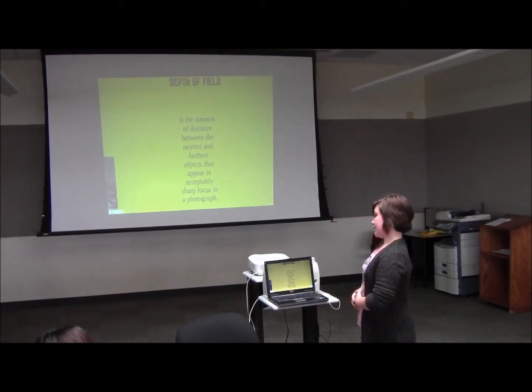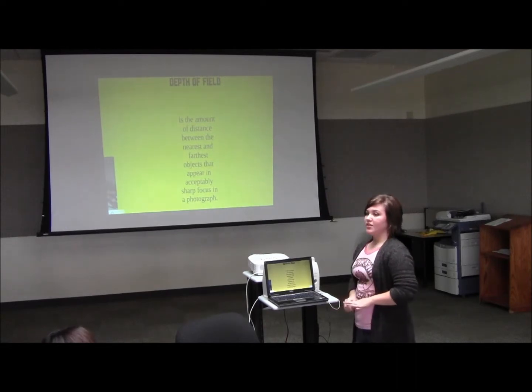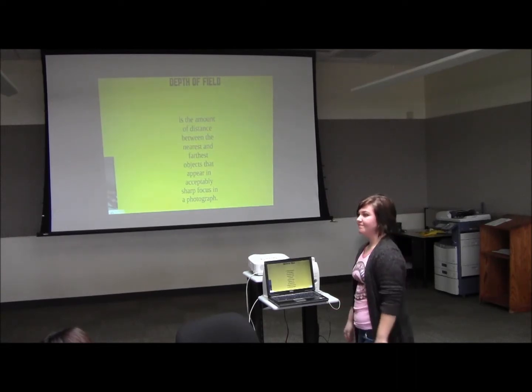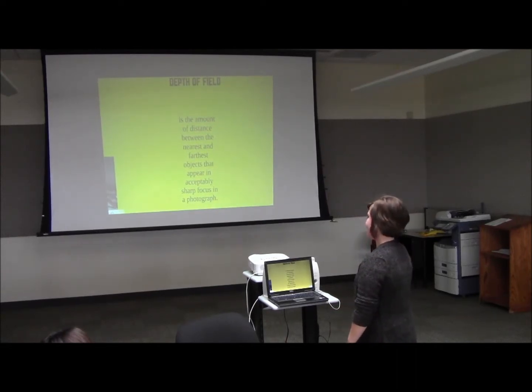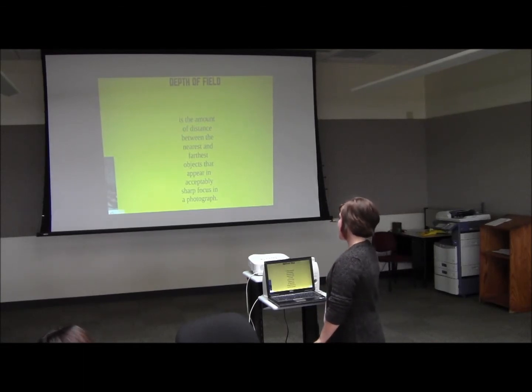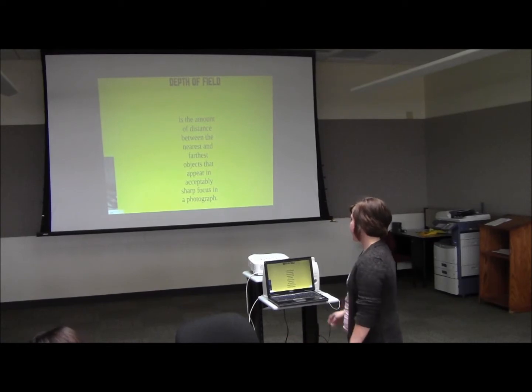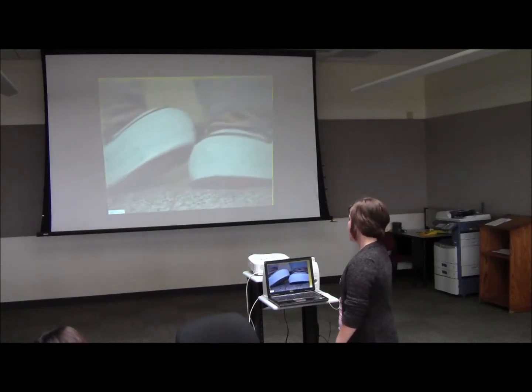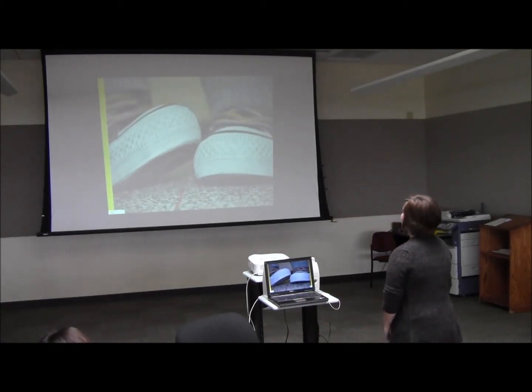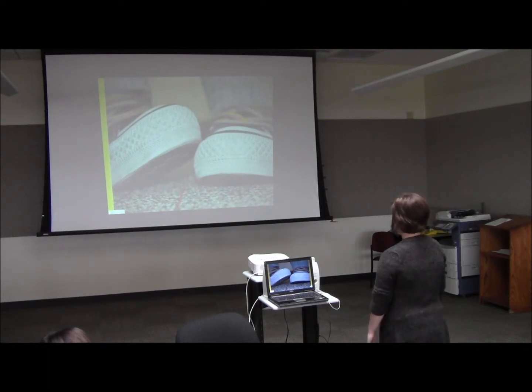And the depth of field. This is the hardest thing to figure out. Okay, the depth of field is the amount of distance between the nearest and farthest objects that appear sharp in a photograph.